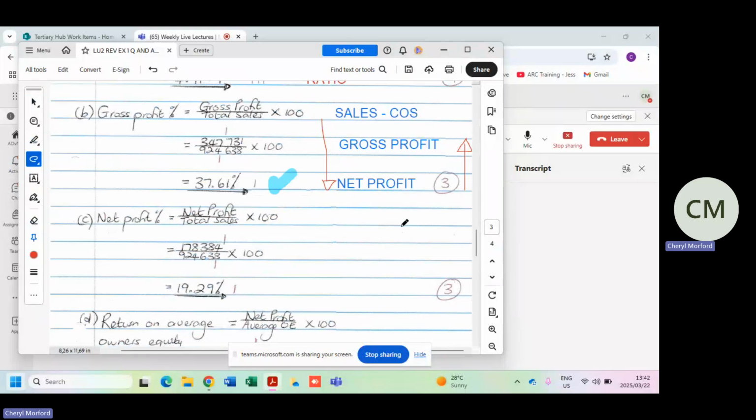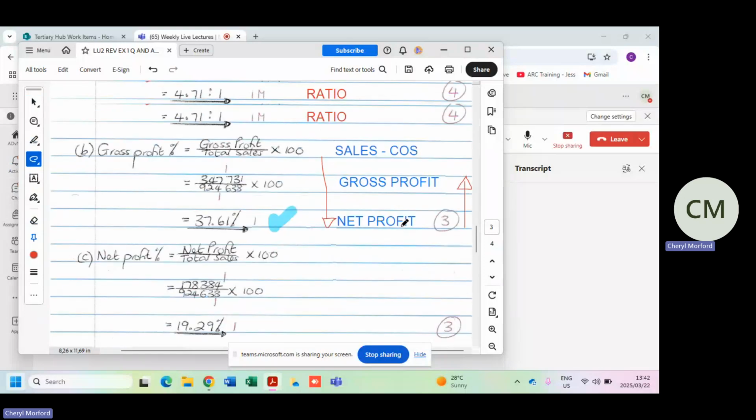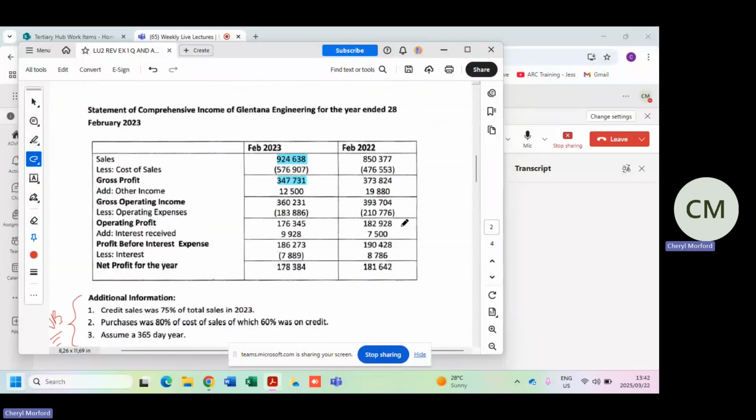Then net profit percent. Very simple. What percentage of sales is your net profit? So once again, we are back to the income statement. So here is our net profit calculated for us. And we're going to put that as a percentage of the sales number at the top.